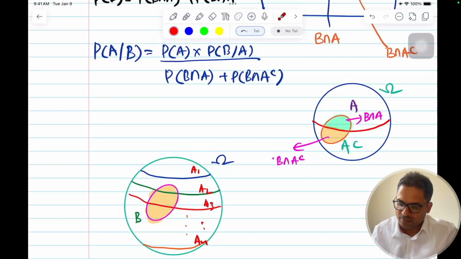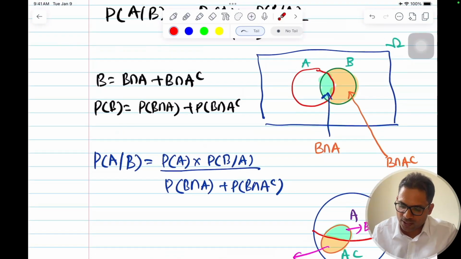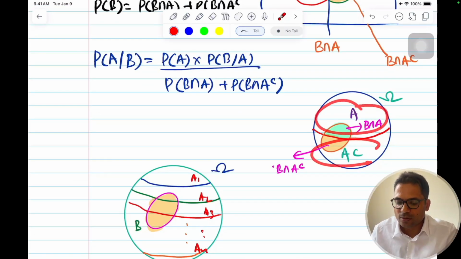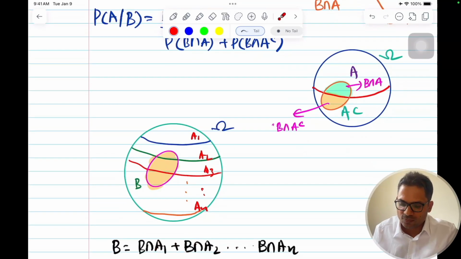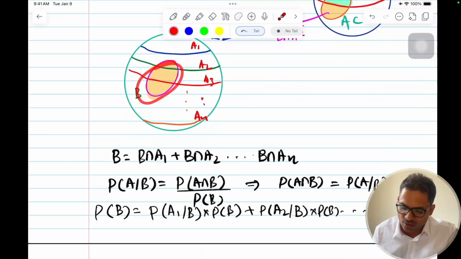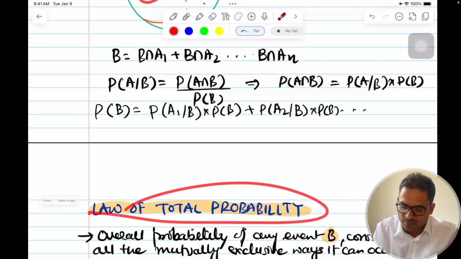To summarize, we found the probability of B as B intersection A and B intersection A complement. From dividing the whole omega into two parts, we move it to n parts, and from there we can get the total probability of B. That is called the law of total probability.